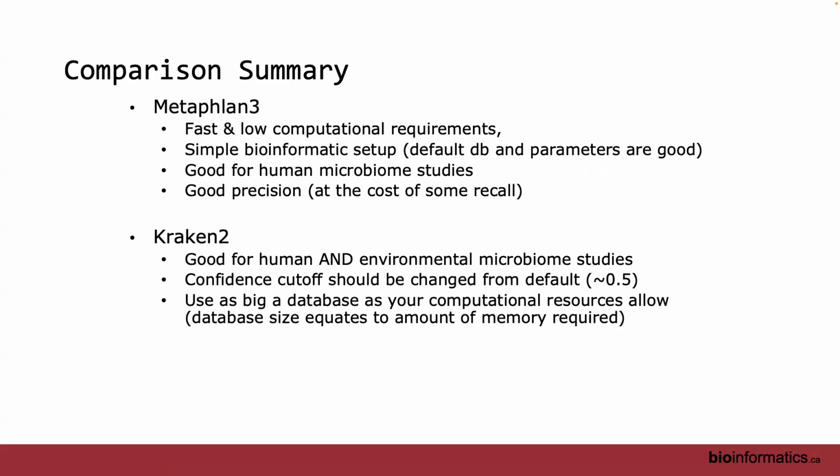If you have more environmental samples, or you want to expand outside of bacteria and archaea, or just be able to identify more things in your samples, then you will probably have to go to a more k-mer-based approach, like Kraken, or there are other approaches out there. But be aware that you're going to have a lot of false positives come out of that as well. One way that we suggested to get around that was increasing this confidence cutoff value to maybe 0.5 as a starting point.